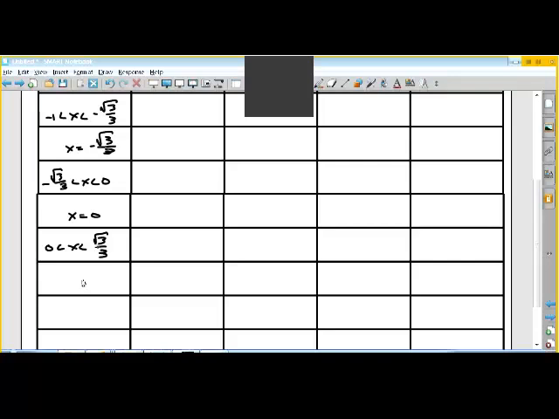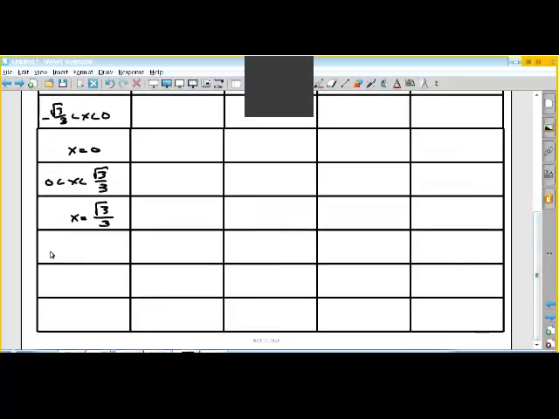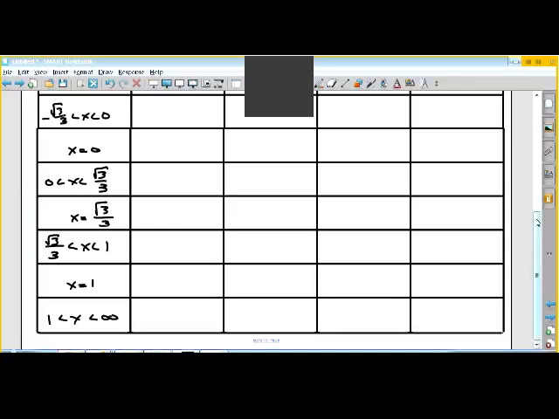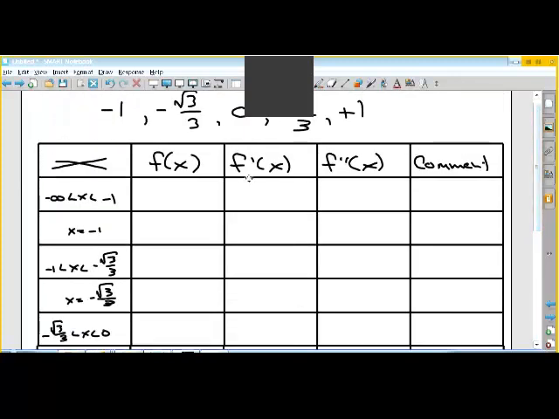Then we go from 0 to positive the square root of 3/3. x equals the square root of 3/3. From the square root of 3/3 to x equals 1, x equals 1, and then from x equals 1 to positive infinity. So those are all of our things that we're going to consider.